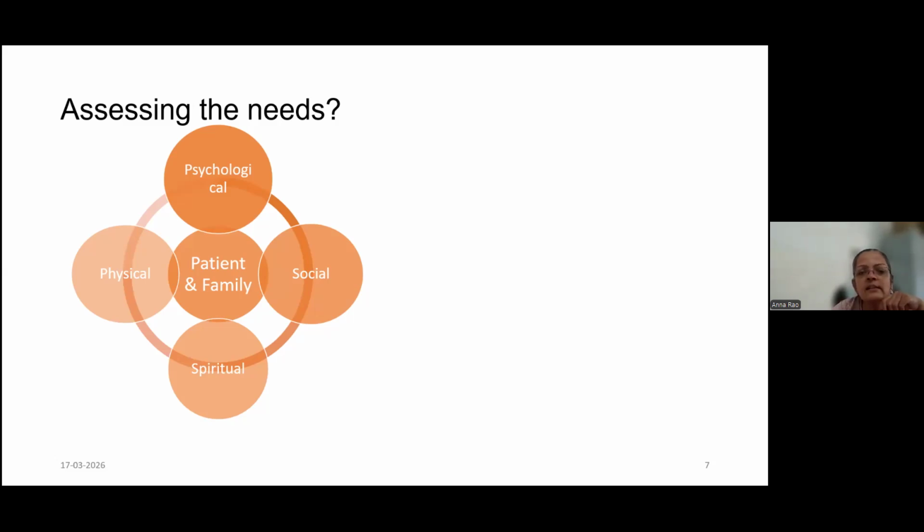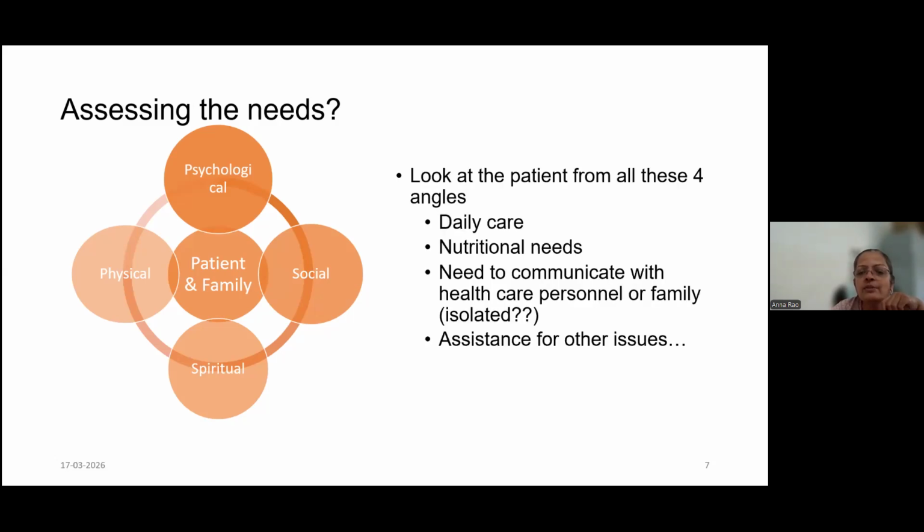All these circles are interwoven so closely that if we omit one circle, then we cannot provide the care of the content in the second circle. Okay, so we should always remember all this. Look at the patient and the family from all these angles.